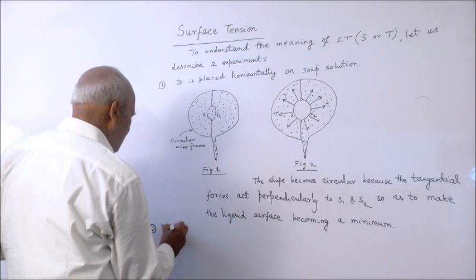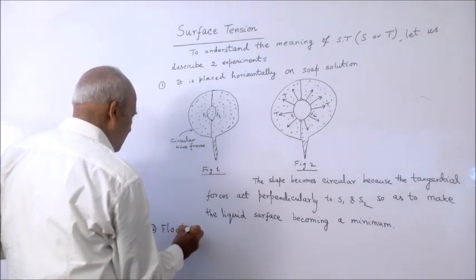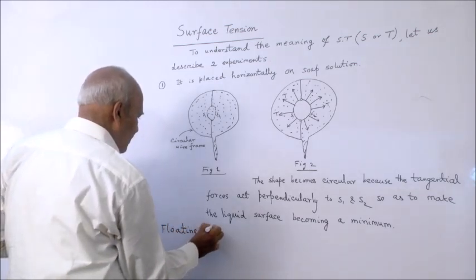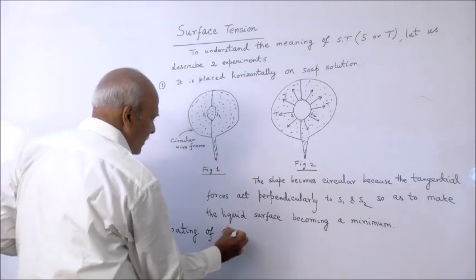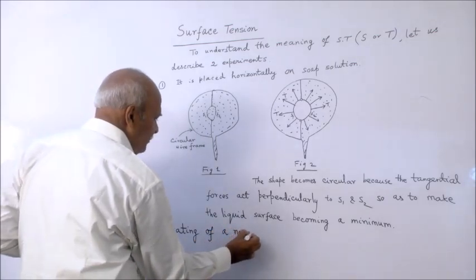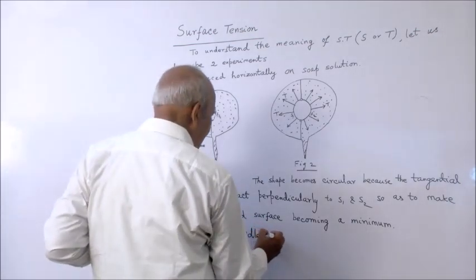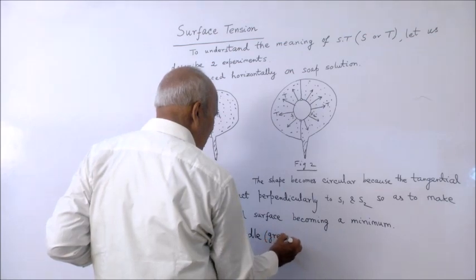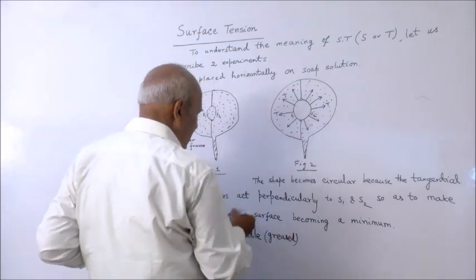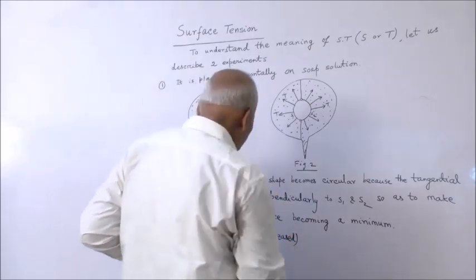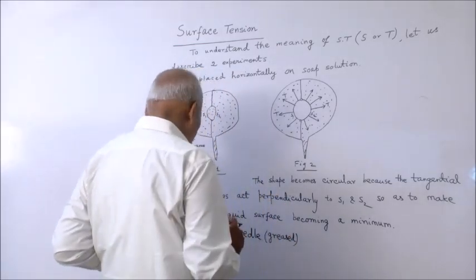floating of a needle, a greased needle, meaning slightly oily, oil is just put on the needle to some extent.